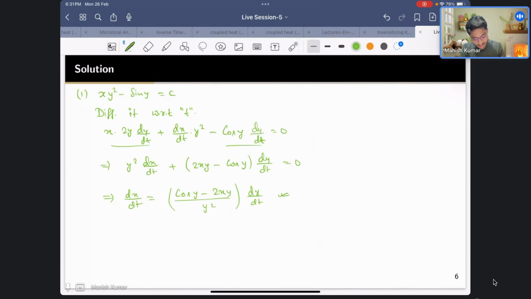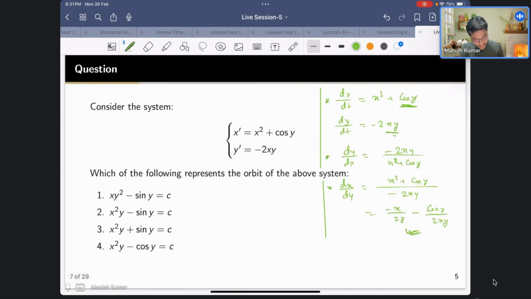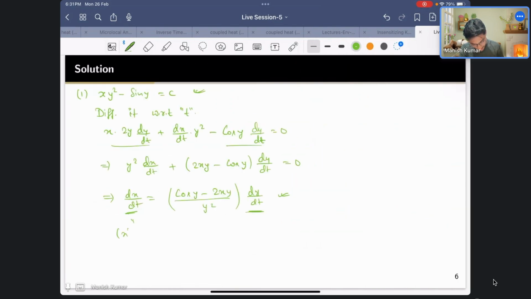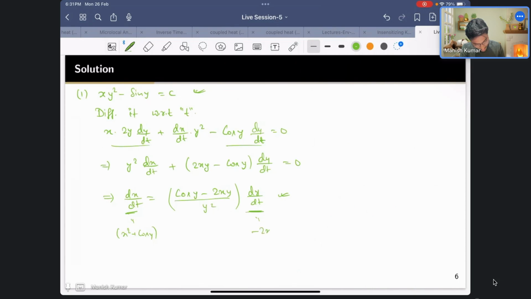If this is an orbit, then this must be satisfied, right? So let us substitute. We know that dx/dt is x square plus cos y, and dy/dt is given by minus 2xy. You can clearly see that these two are not equal, right?